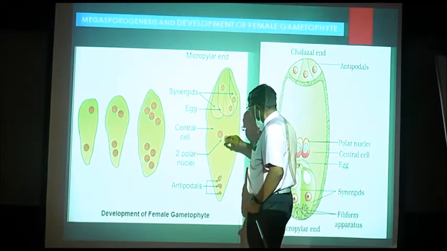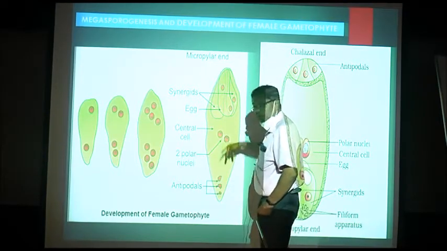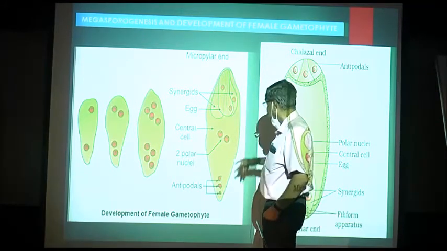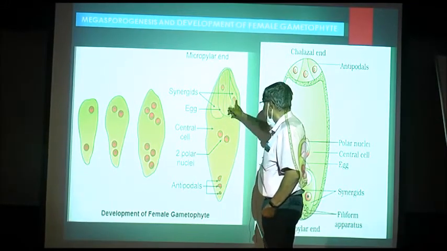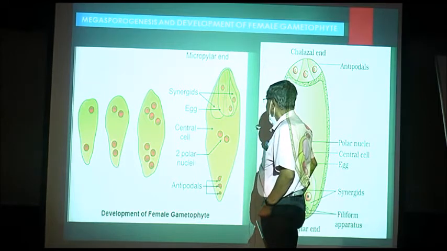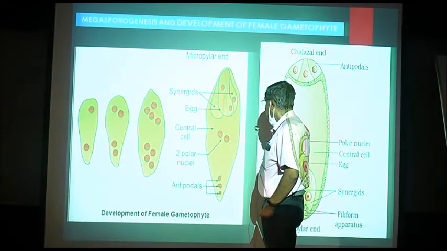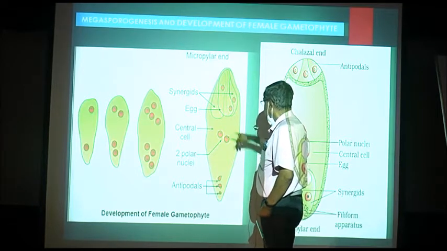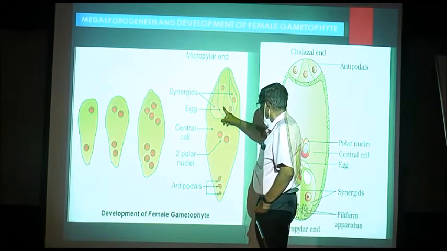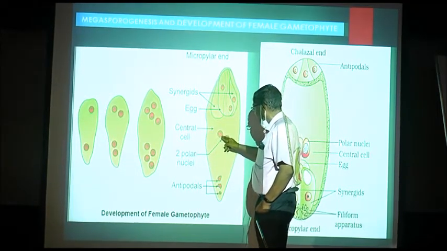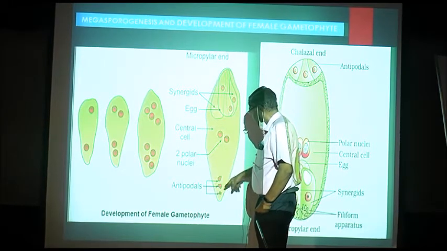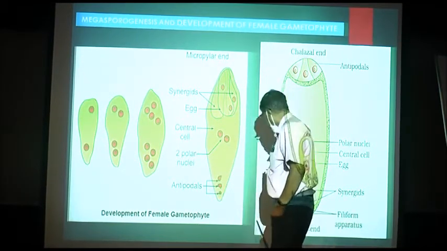Now, 2 nuclei come to the center. These 2 are polar nuclei, and these 3 are egg apparatus. 2 synergids and this is egg, and these 2 are polar nuclei and these are antipodals.